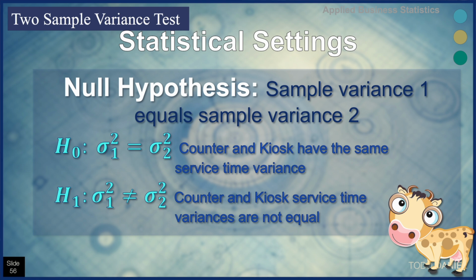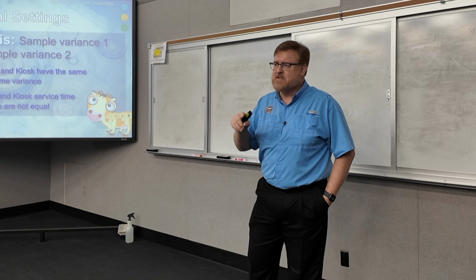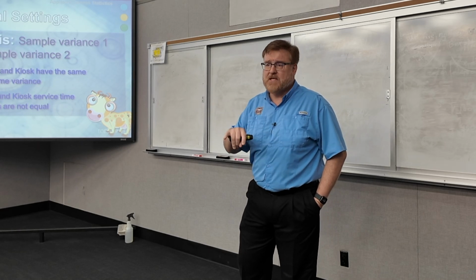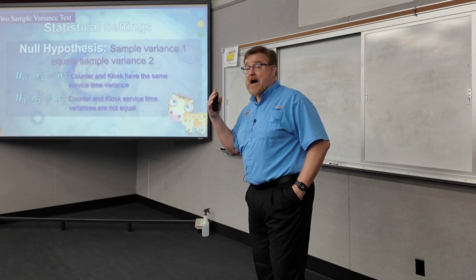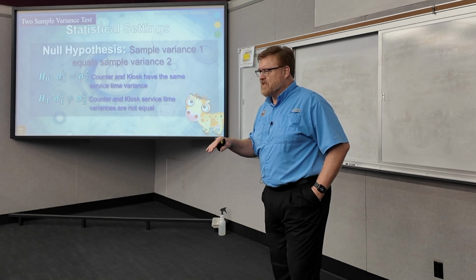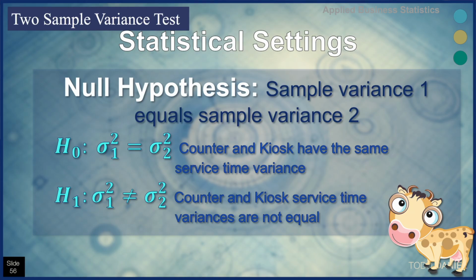The 1 and 2 refers to the sample. So sample 1 has a subscript 1 and sample 2 has a subscript 2. Both of these samples are hypothesized to have the same variability, or to have been drawn from populations whose variability is the same. The alternative hypothesis, H sub 1 colon sigma squared 1 does not equal sigma squared 2, is that the variances between counter and kiosk are not equal.